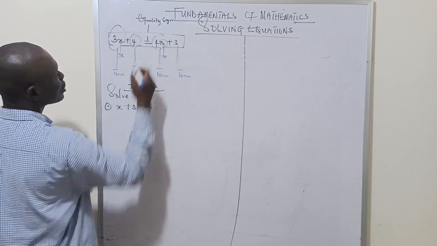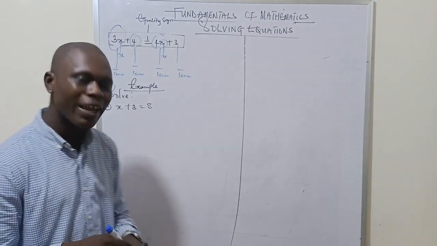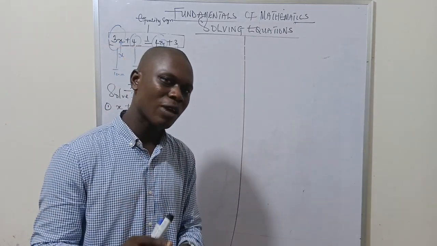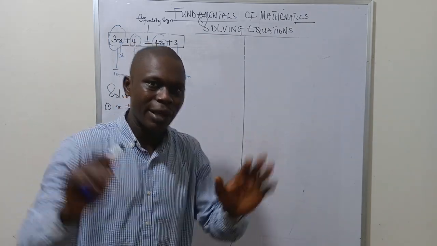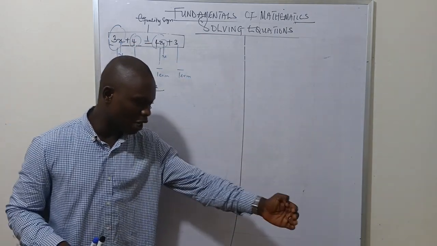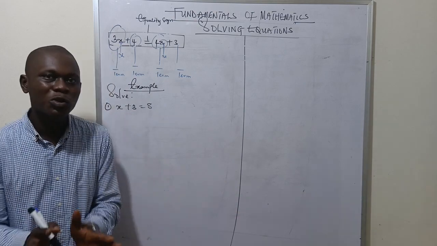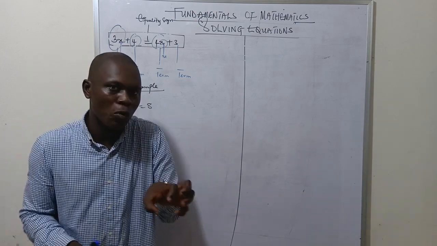The value of x here is the unknown. Anytime you have to solve any equation, it simply means you have to find the value of the unknown. That is the meaning. Anytime you have to solve an equation, it means you have to find the value of the unknown.